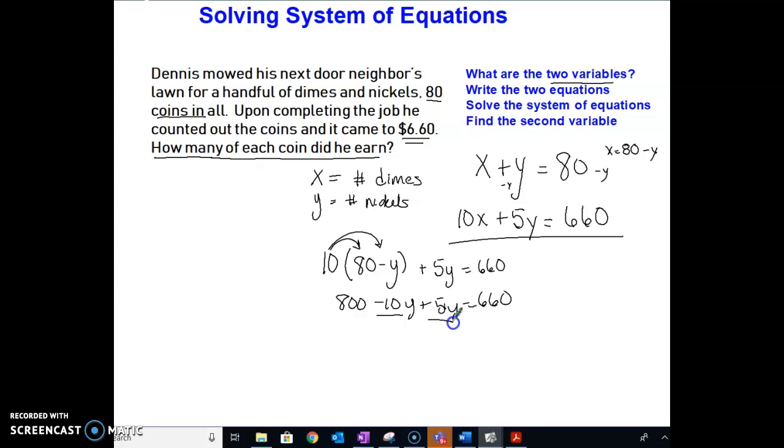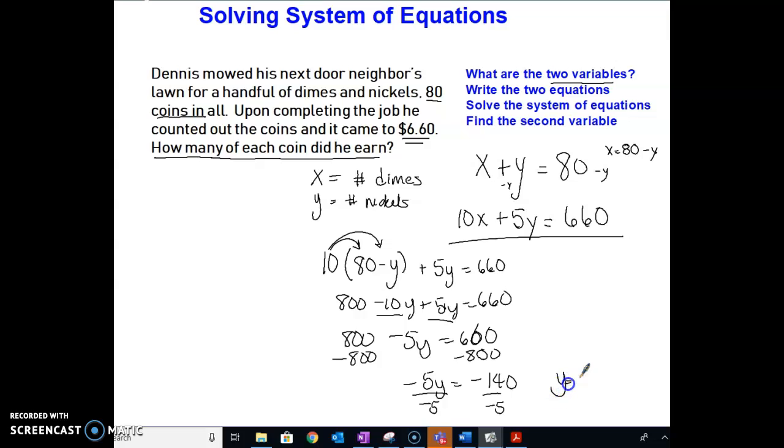Combine like terms. And then you're going to have a two-step. So I'm going to subtract 800 from both sides. I will get negative 5y equals negative 140. Watch your signs. Divide out by negative 5.